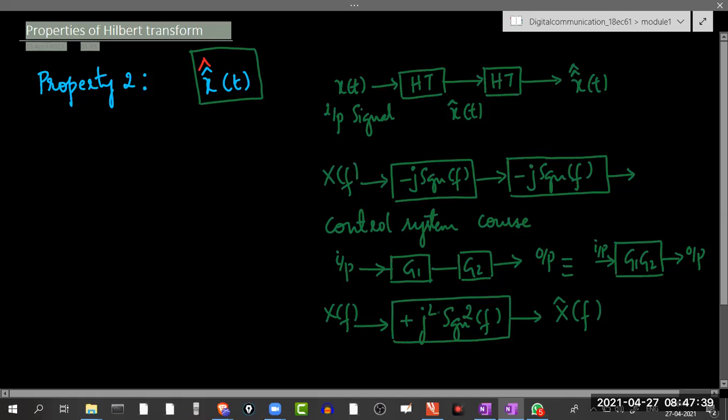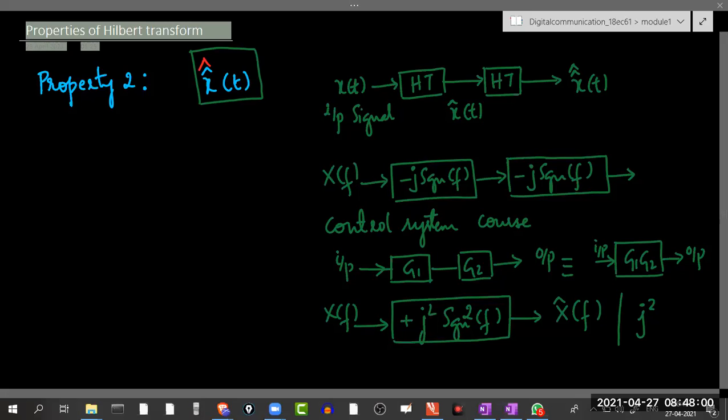Now over here, pay attention. Here I'm having j square. Tell me, what is this j square equal to? Can I have some answers in the chat? What's the value of this j square? -1. Yes, correct.